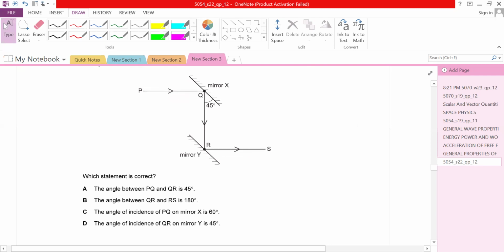Statement A: the angle between PQ and QR is 45. No. The angle between QR and RS is 180. No. The angle of incidence of PQ on mirror X is 60. No. The angle of incidence of QR on mirror Y is 45 degrees. Yes. So option D is correct.